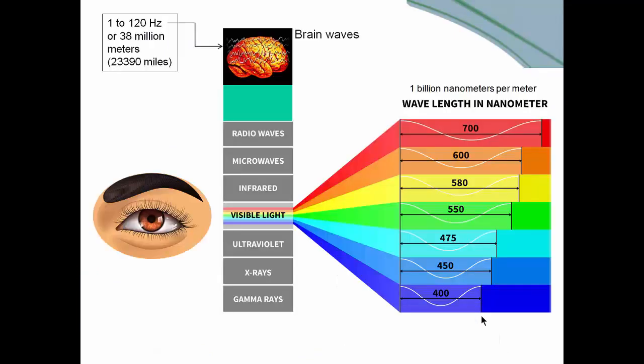Now, in order to understand waves, we also need to understand that they are, in fact, electromagnetic energy. We are looking at waves that have a very, very low frequency and conversely a very, very long wavelength.